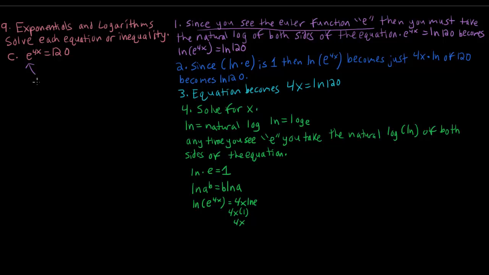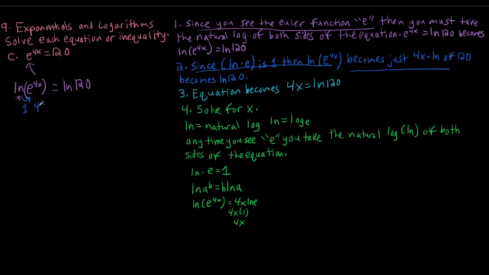When you see the Euler function, you just have to put a natural log right here on both sides of the equation. So natural log of e to the 4x equals ln 120. Now step 2, since ln e is 1, then ln e to the 4x becomes just 4x. So really right here, ln e is just 1, which leaves 4x.